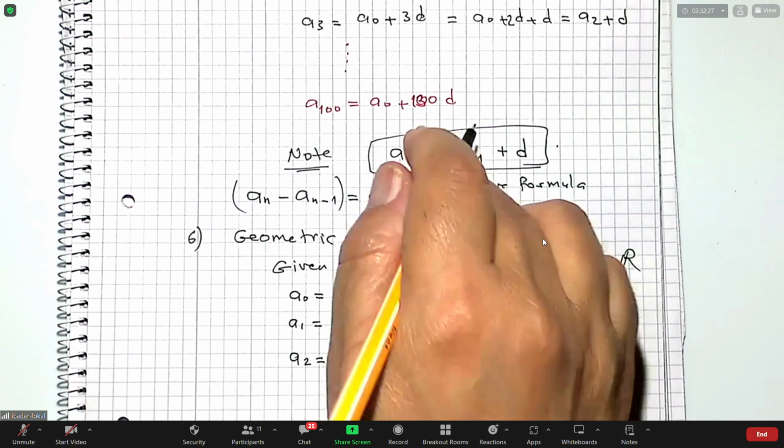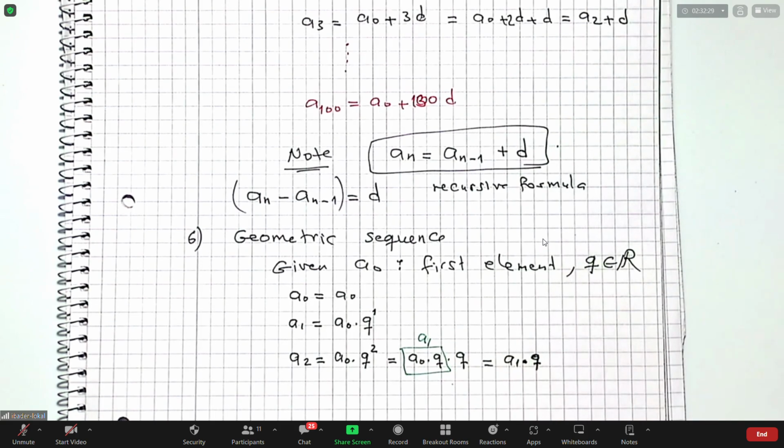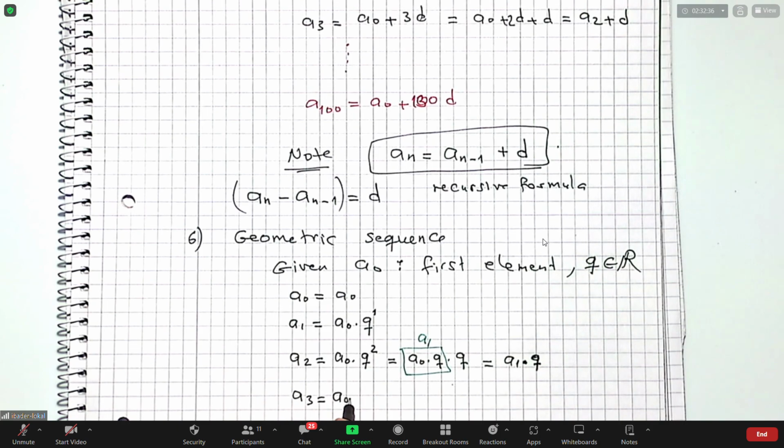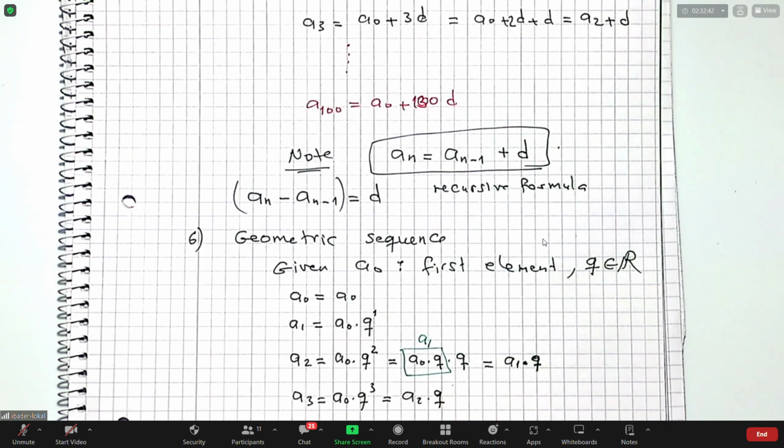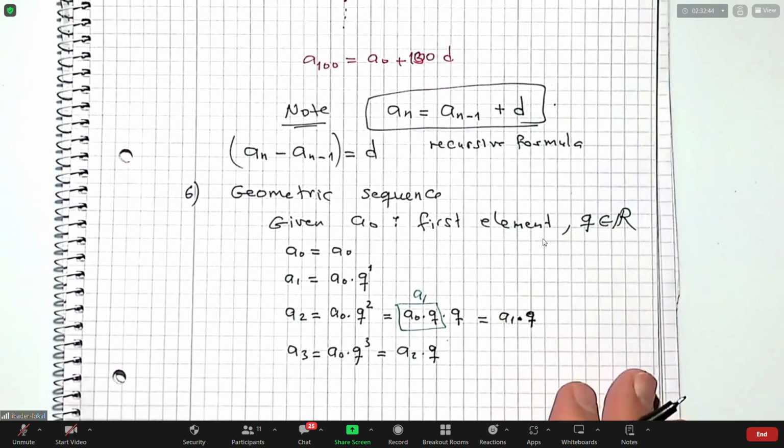If you remember, in the arithmetic sequence we were adding. And this is a3, the fourth element, a0 times Q to the power 3, which is a2 times Q. Okay, so as I told you, this is the recursive formula for this one.